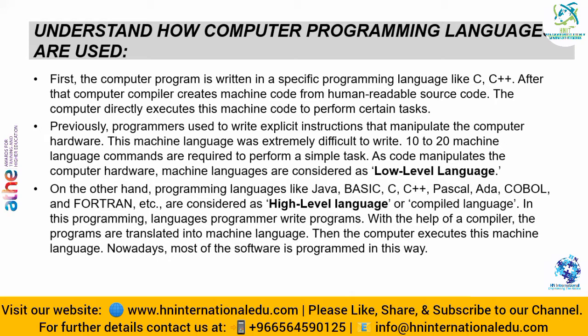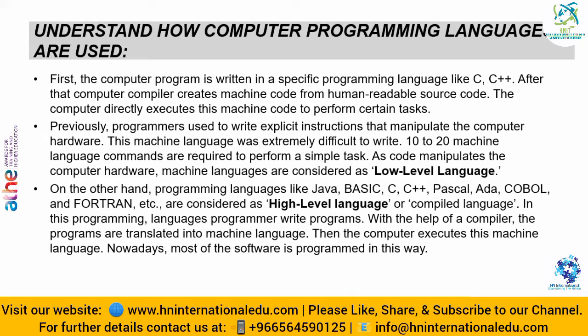Now, previously programmers used to write explicit instructions that manipulate the computer hardware. This machine language was extremely difficult to write. 10 to 20 machine language commands are required to perform a simple task. As the code manipulates the computer hardware, machine languages are considered low-level language. Machine language was written in zeros and ones. Even the alphabets, the numbers, and the other instructions were given in zeros and ones.